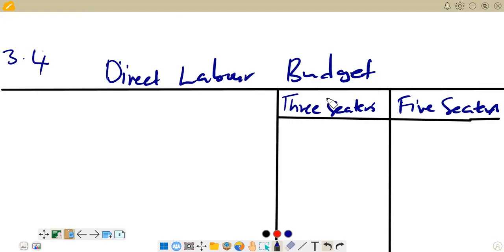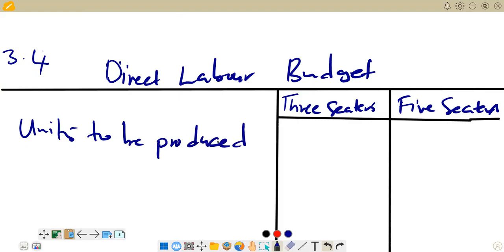The description we are going to start with is the units to be produced. Like I was emphasizing, units to be produced is very important, because it's going to help us in all the budgets that we have in this question. Remember, the units that we calculated on the production budget, we had 650 for 3-seaters, and 640 for 5-seaters.